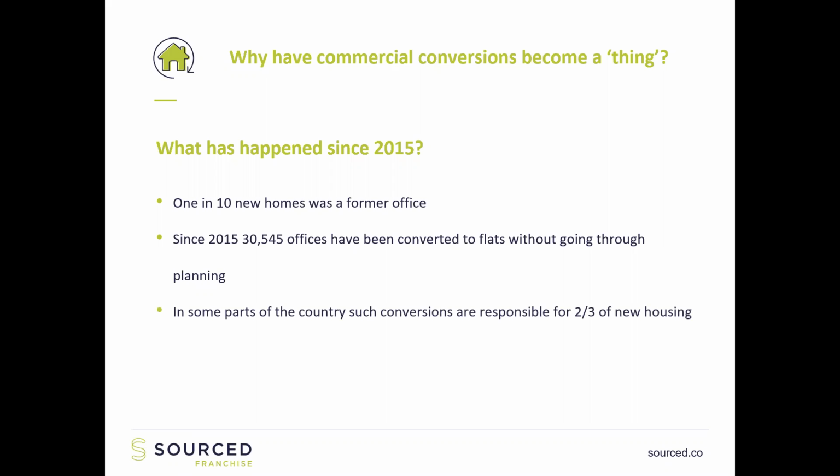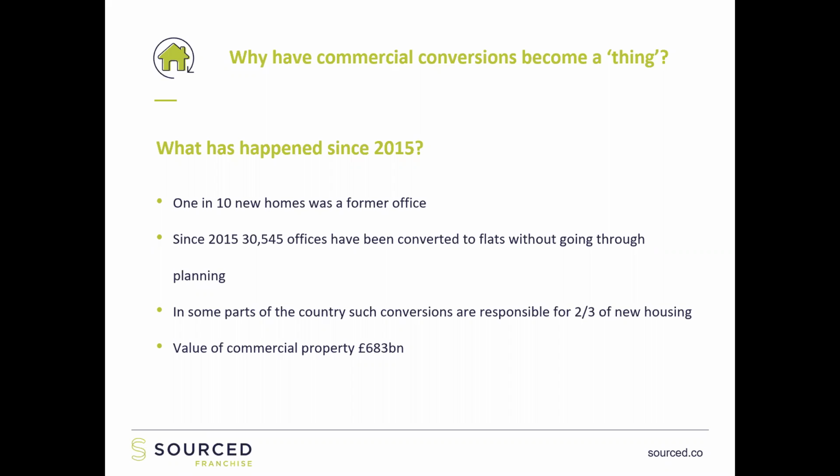And in some parts of the country, commercial conversions are responsible for two thirds of all the new housing stock. Again, an absolutely astronomical number have been converted. The current value of commercial property in the UK is something like 683 billion.